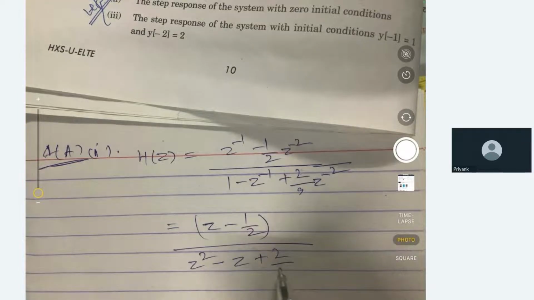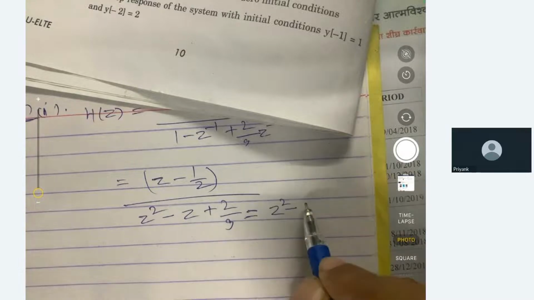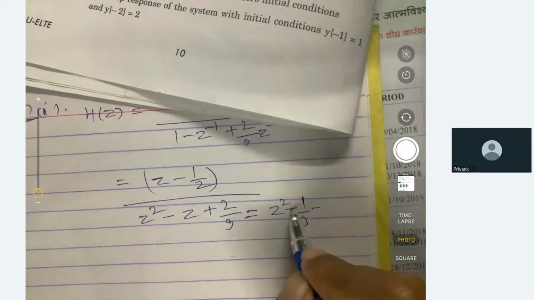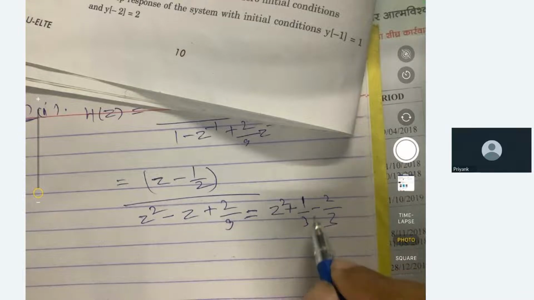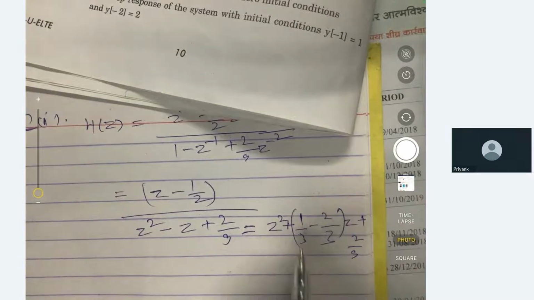So this will break like Z square minus 1 by 3 square plus 1 by 3 minus 2 by 3, 2Z plus 2 by 9.